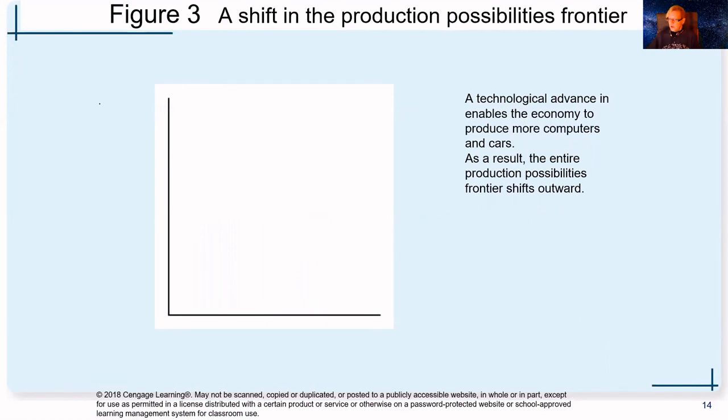Okay, again, looking at this, it's kind of important. So let's take a look at another example. Again, I'm going to put wheat over here on the Y and computers on the X. Let's say the technological advance enables the economy to produce more computers and wheat.